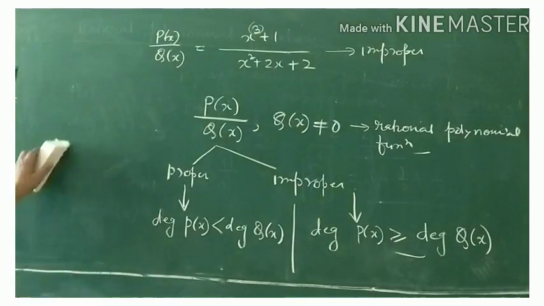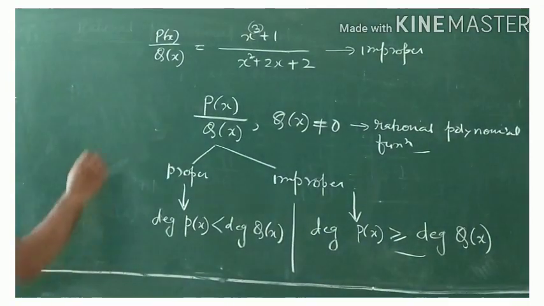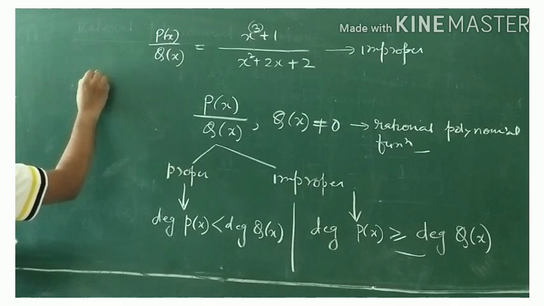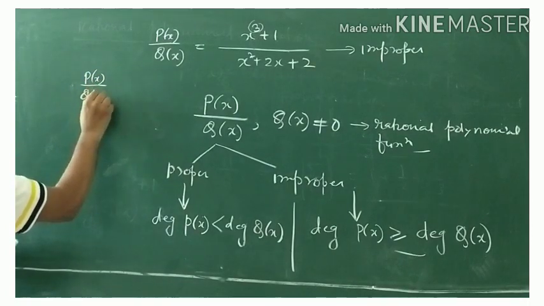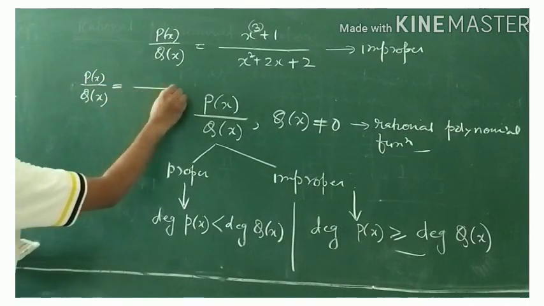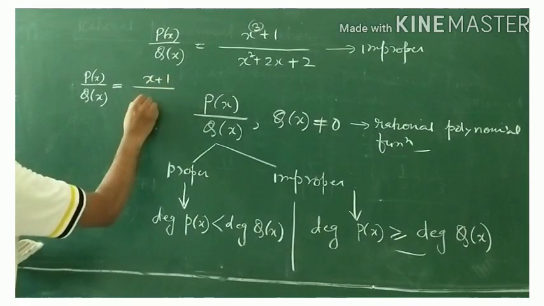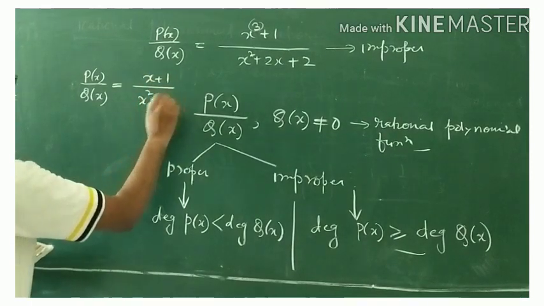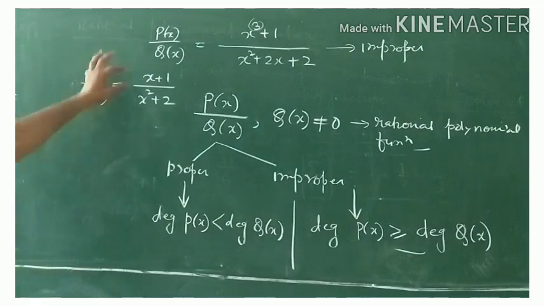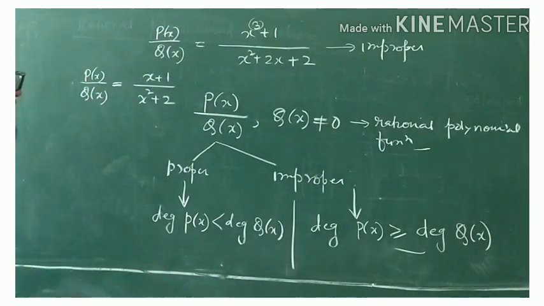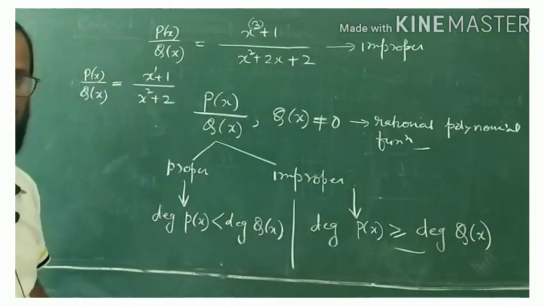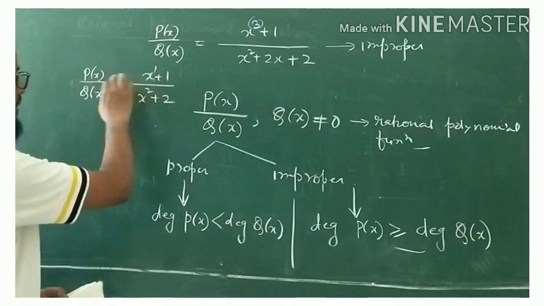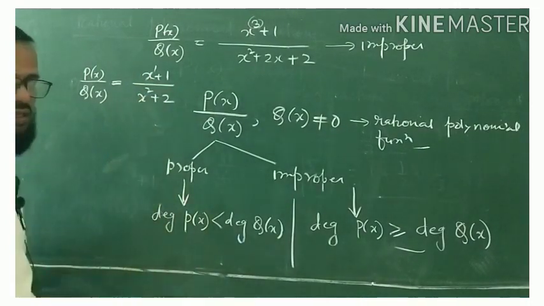Take another example. Suppose P(x) by Q(x) equals x plus 1 by x square plus 2. This is a polynomial, and this is also a polynomial. The degree of this polynomial is what? The highest power of x is 1, so the degree of P(x) is 1 and the degree of Q(x) is 2.